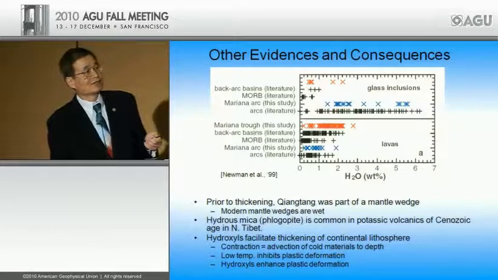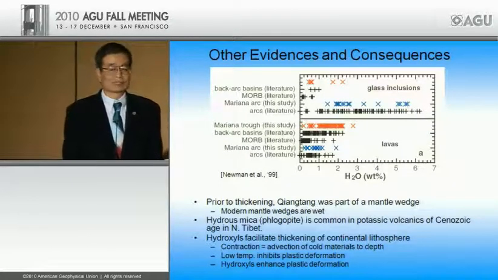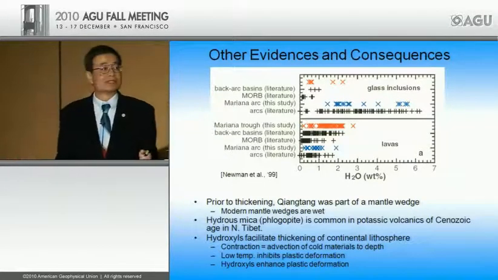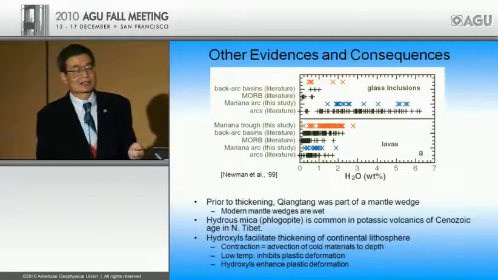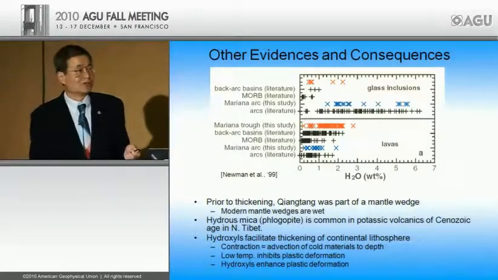And you can have several weight percent easily in those volcanic rocks. And the partition coefficient of water between melt and the source is about 10 to 1. So if you have several percent of water in the volcanic rocks, you can have something like 0.5% of water still in the source region.